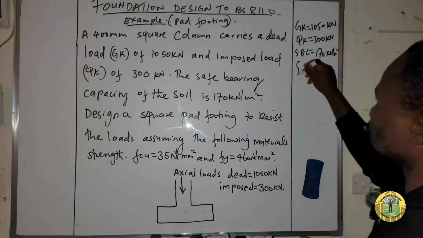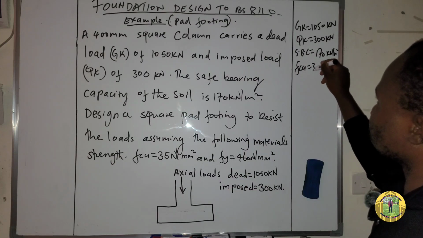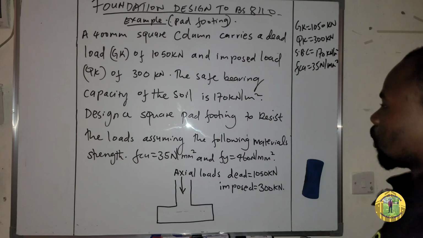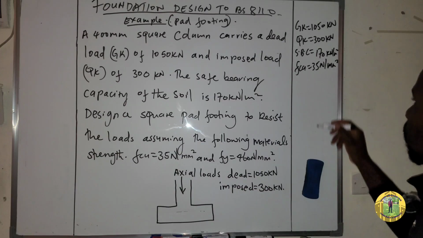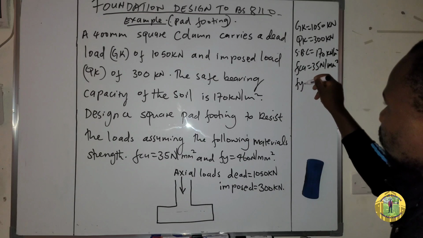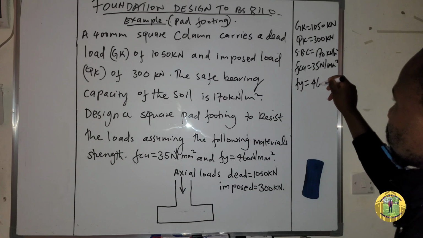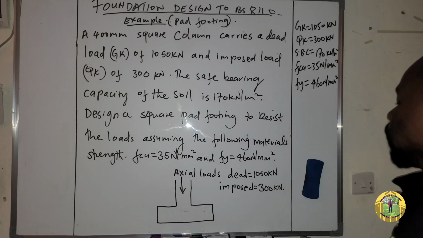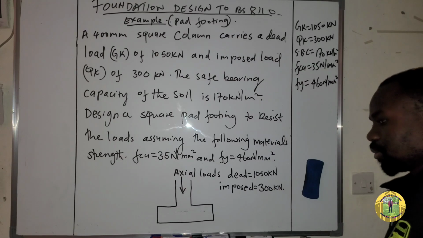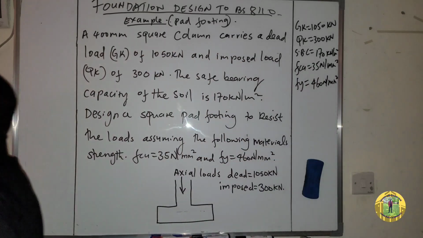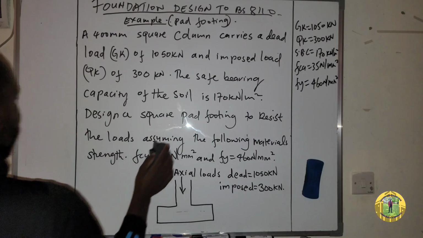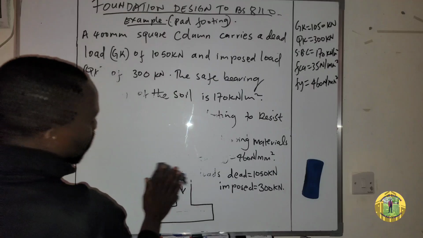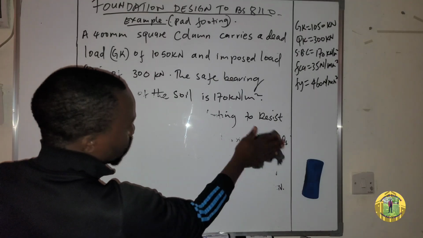FCU is equal to 35 Newton per millimeter square. Fy is equal to 460 Newton per millimeter square. Having done so, I can comfortably rub here so that we can have space for our calculation.